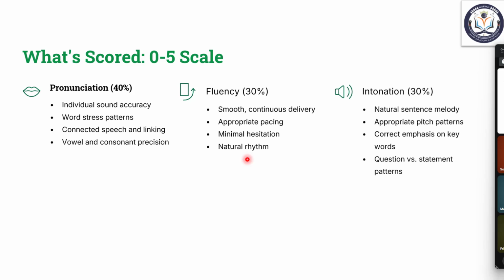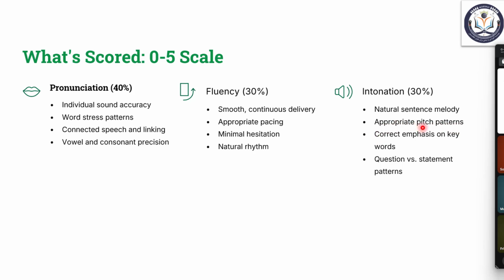The next 30% is part of intonation. Intonation is really, really important here. Intonation simply refers to the natural sentence melody. Melody is the up and down sounds that we have inside the sentence, the rhythm inside the sentence. Then appropriate pitch patterns.